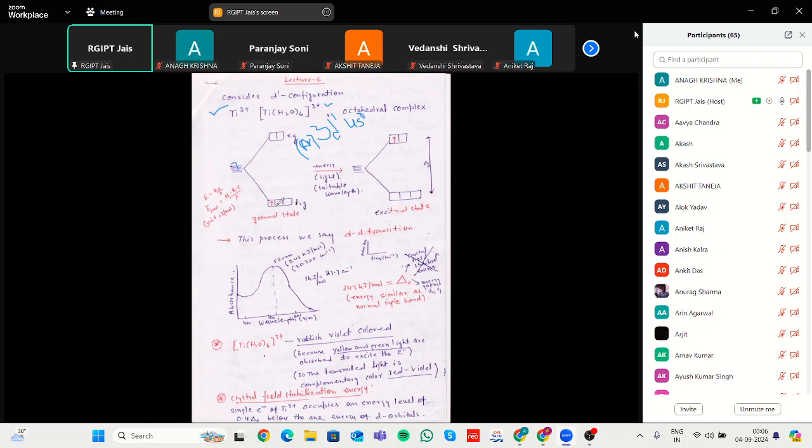In t2g, there are dxy, dyz, dxz. But in eg, there are two orbitals, dx square minus y square and dz square. That's why the first electron comes here.